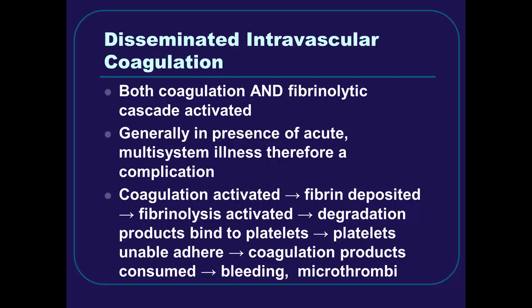A consumptive coagulopathy, because we keep clotting, and so we're consuming all of these products. And because we've consumed all of these products and we're not getting them broken down, they aren't available to actually do their job, and so then we bleed.